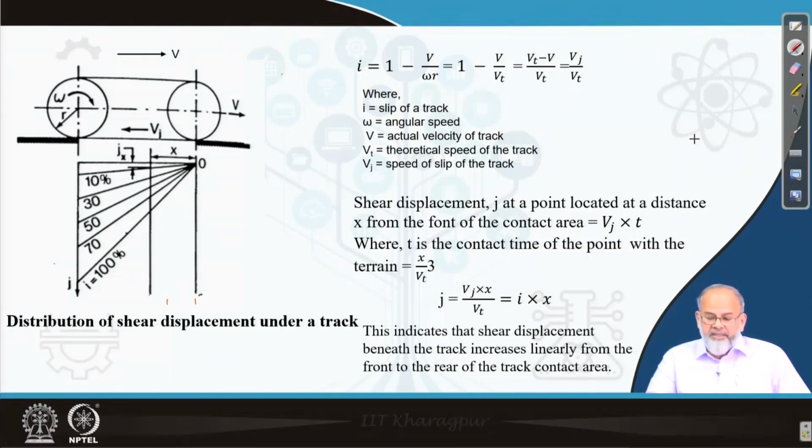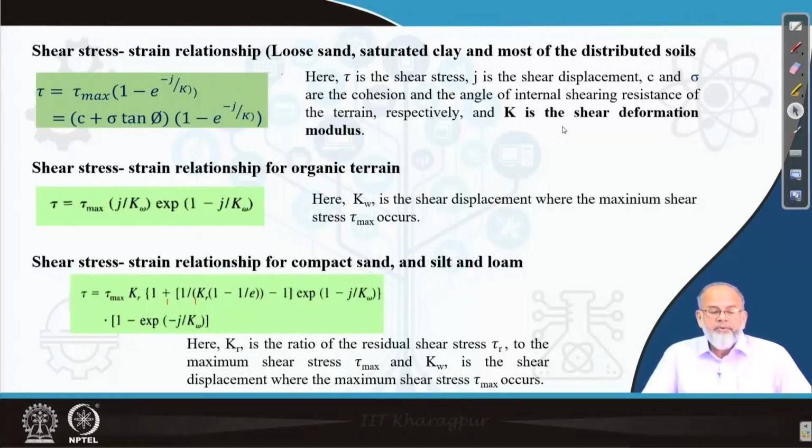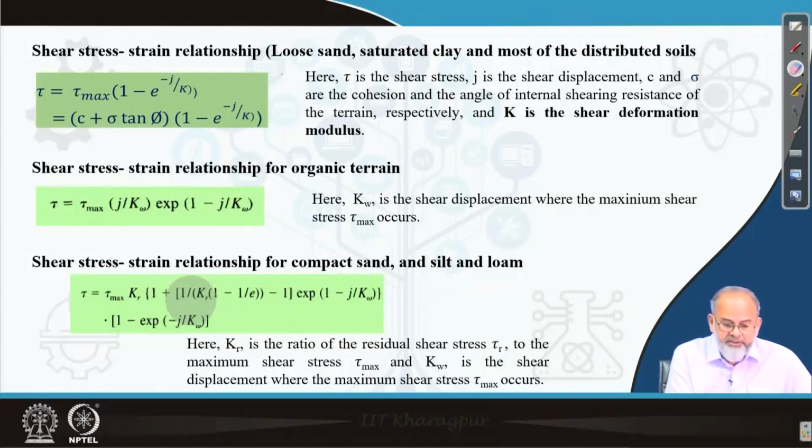So in nature, what we observe, there are three categories of relationship available. One is for loose sand, saturated clay, and most of the disturbed soils, and the other one is for organic terrain, and the third one is for compact sand, silt, and loam. So you can take either of these equations to find out the relationship between shear stress and shear displacement.